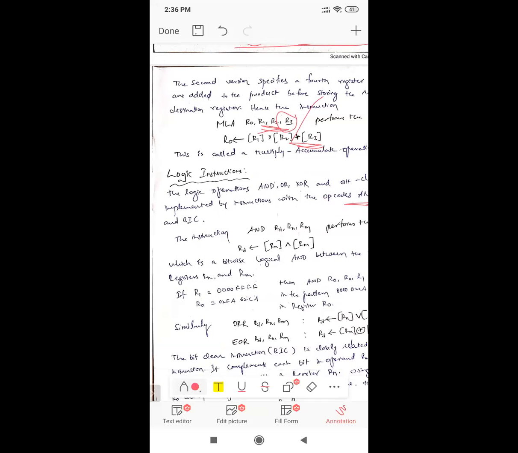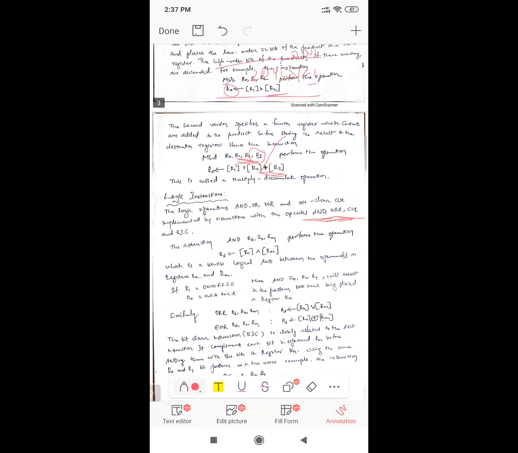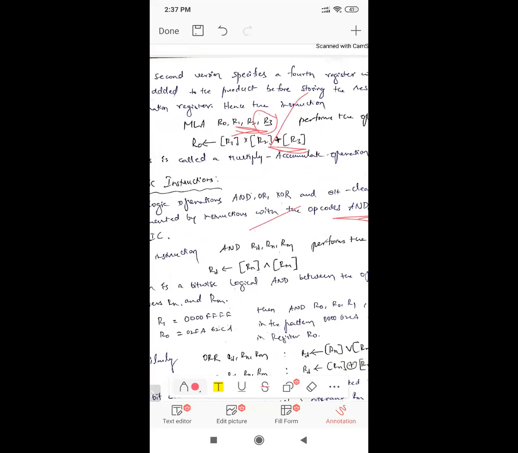For bit clear, it is BIC. The instruction AND Rd, Rn, Rm performs: Rn is ANDed with Rm, and the result is transferred to the Rd register. We have already discussed the logic operations.